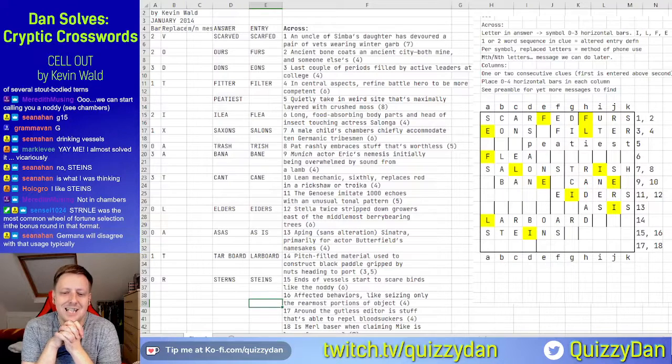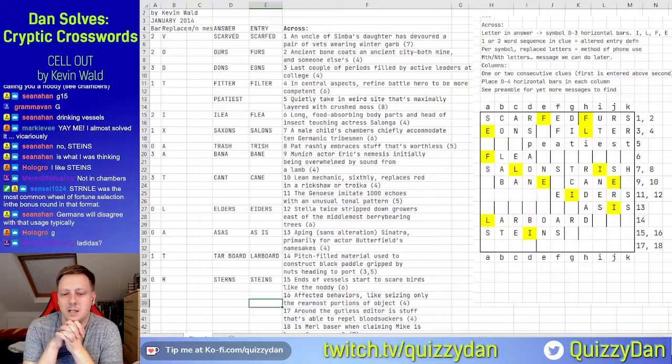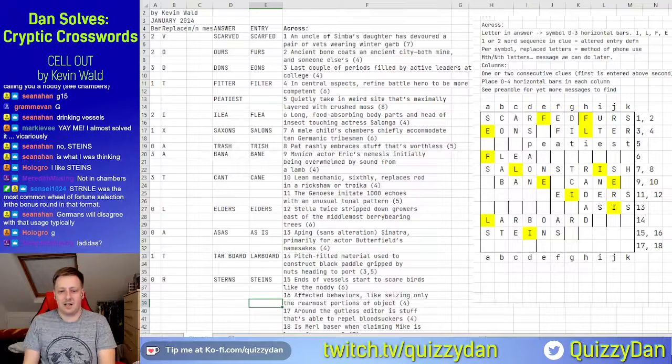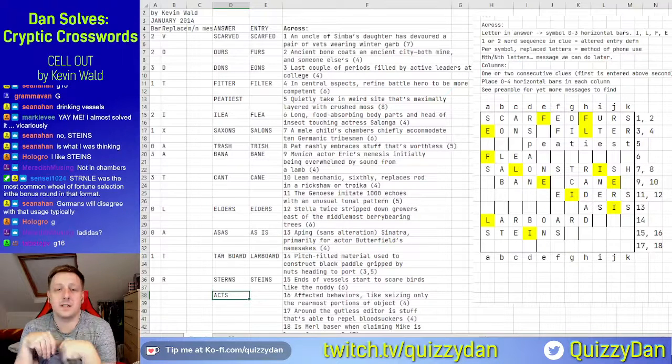Affected behaviours are ticks, aren't they? Like seizing only the rearmost portions of objects. So that would be T or possibly CT. Acts. It's CT in AS. If something's like something as, and then we put the rearmost portions of object, that's CT into that.